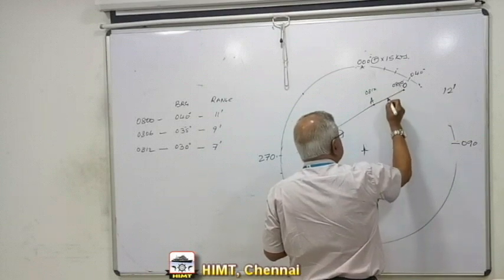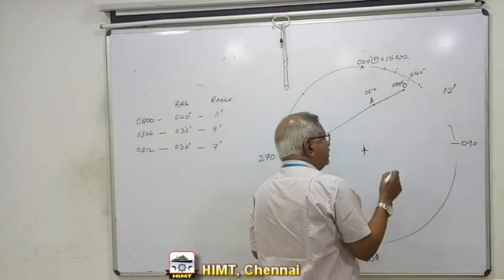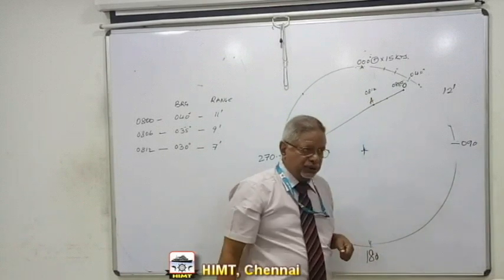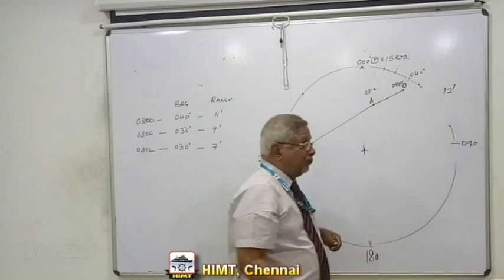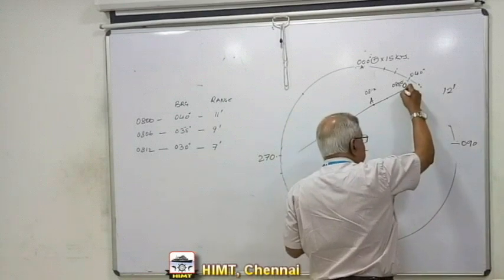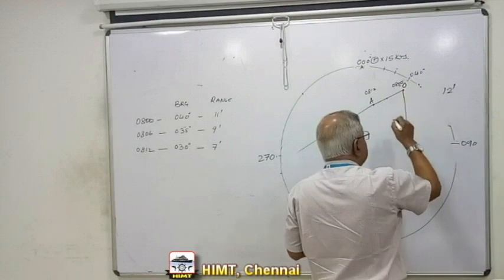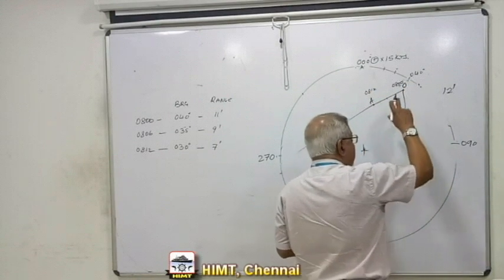This is at 000. Now, you have to put in your own course and speed. So from O, you draw the reverse of your course. So 180, your course is 000.